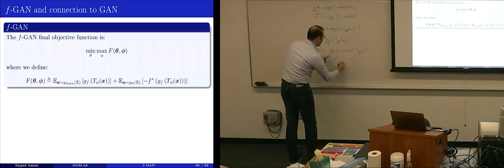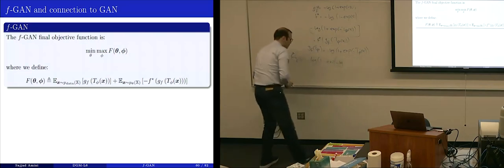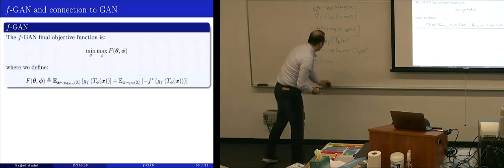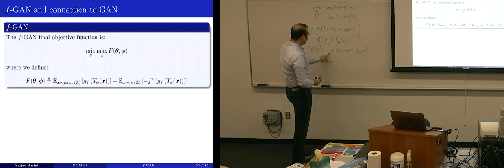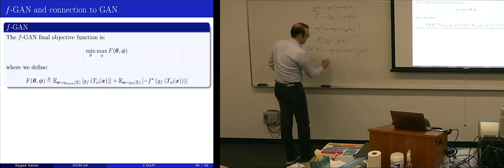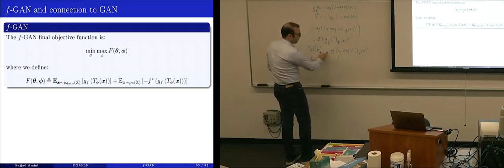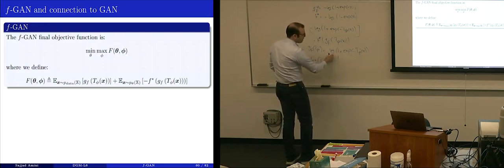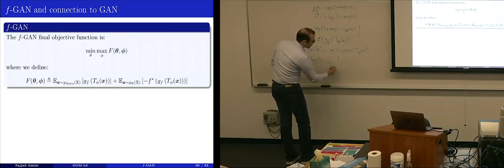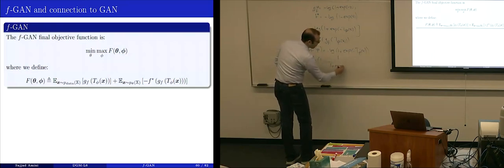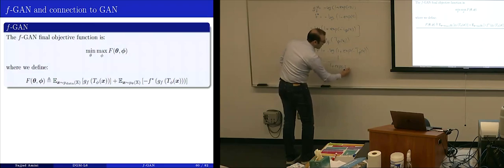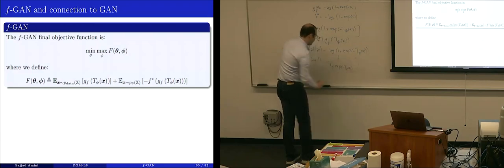Let's simplify it, because you have exponent of minus log. So you can write it as 1 over the exponent of plus log, and the log and exponent cancel each other, so I have just 1 plus exponent of minus T phi of x. Okay?